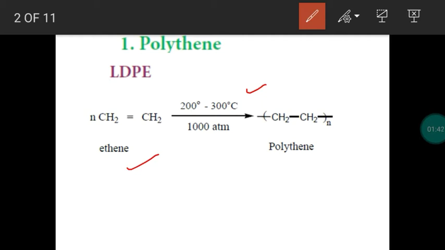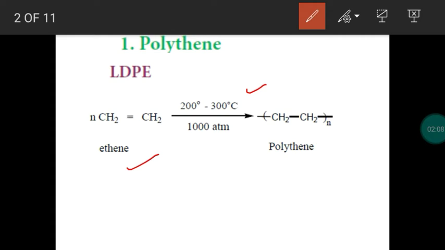Last class we completed free radical polymerization. The polymerization takes place via free radical formation. So this is also following the free radical mechanism. For free radical mechanism we need an initiator, free radical initiator. As I told already, oxygen is the catalyst. Oxygen atoms will combine together, it forms a peroxide.